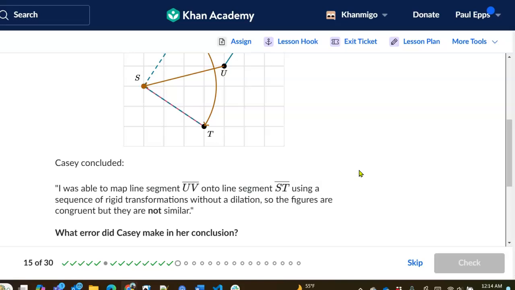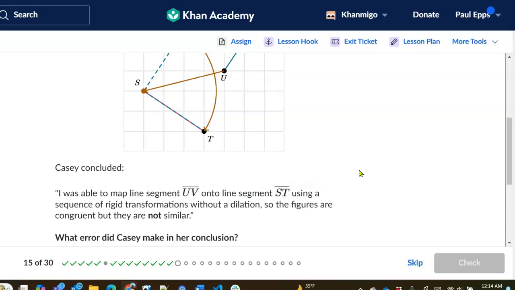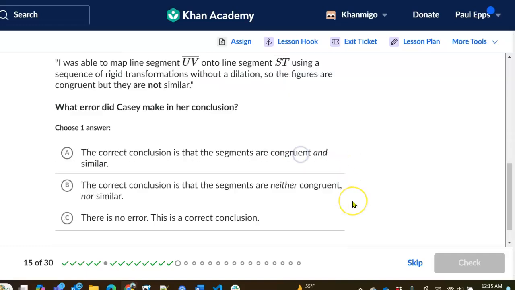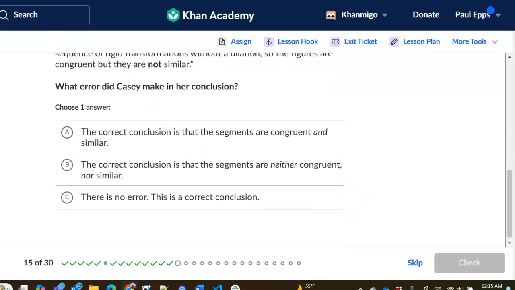Casey concluded, I was able to map line segment UV onto line segment ST using a sequence of rigid transformations without a dilation. So the figures are congruent, but they are not similar. What error did Casey make in her conclusion?